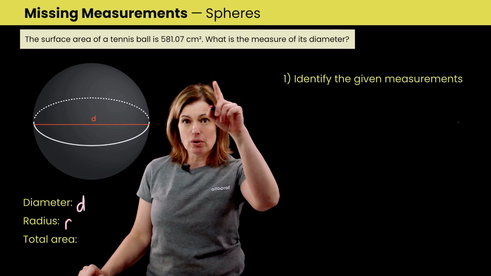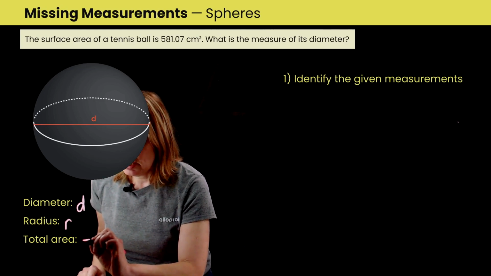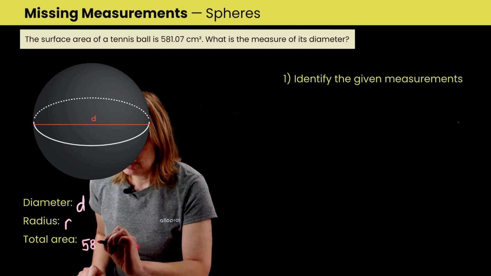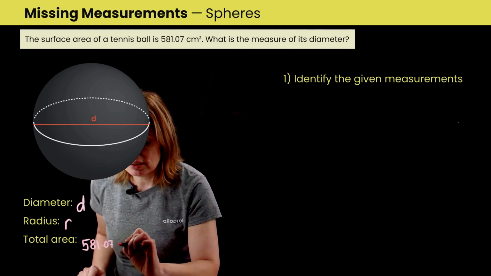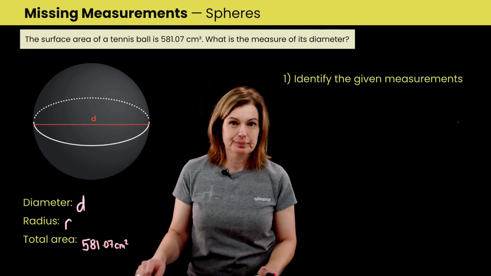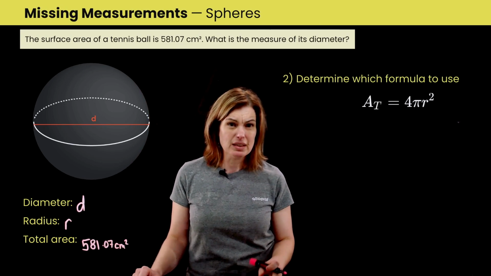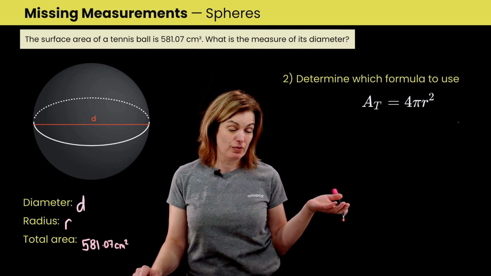We do know the total area because the problem gives it to us. So this is where I'm going to write the 581.07, and this is centimeters squared. So that's going to go there. All right. So to determine which formula to use, there really is only one formula for the sphere.